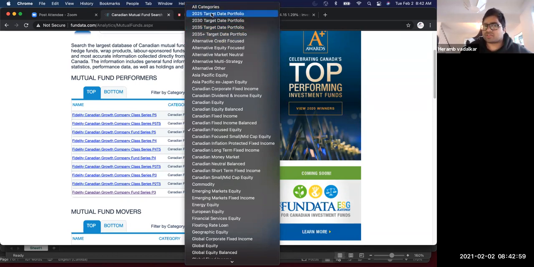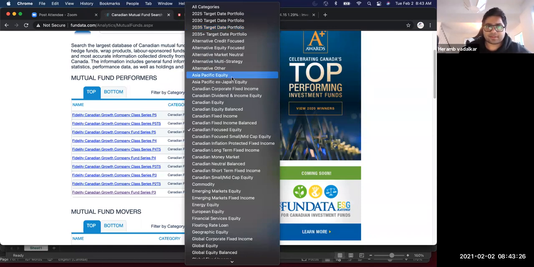People generally use it to match their retirement. So let's say you're retiring in 2035, you can start investing in this mutual fund and it will automatically rebalance. Right now it will have higher stock. As retirement comes near, it will go into higher bonds, so that you don't take much risk in the stock market when retirement is near.